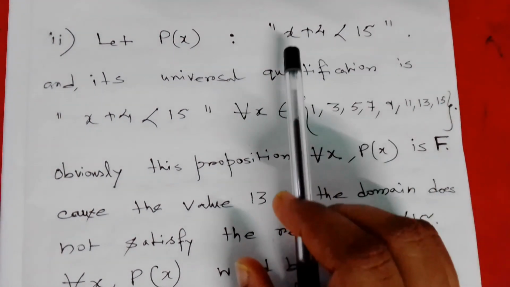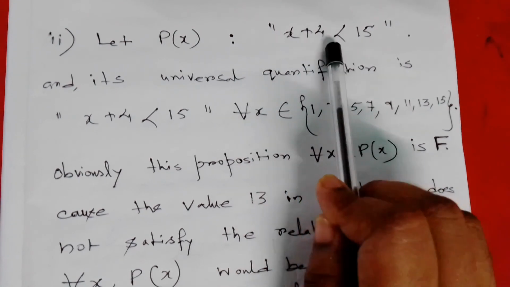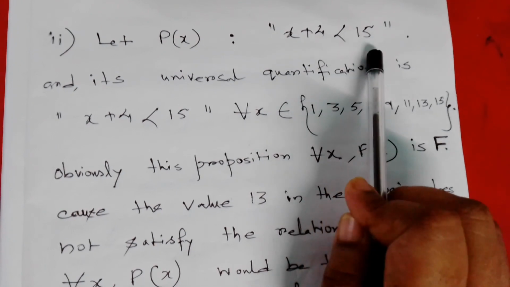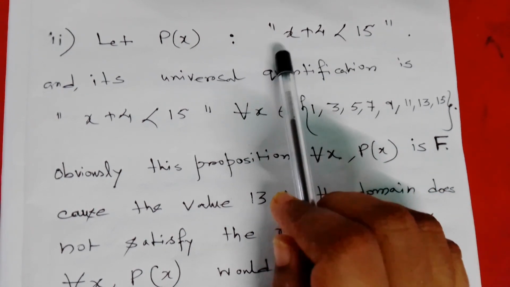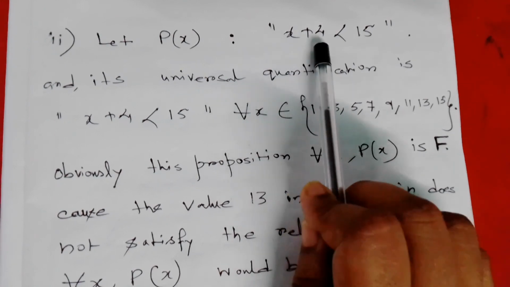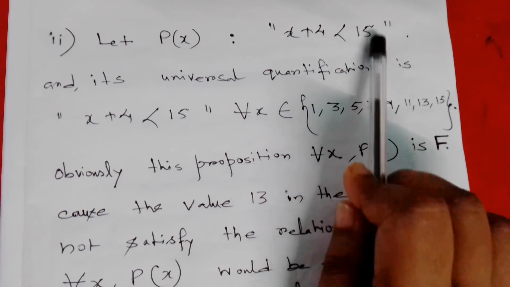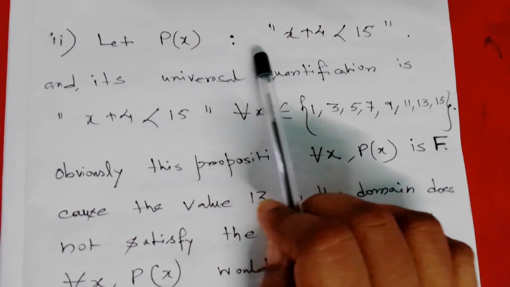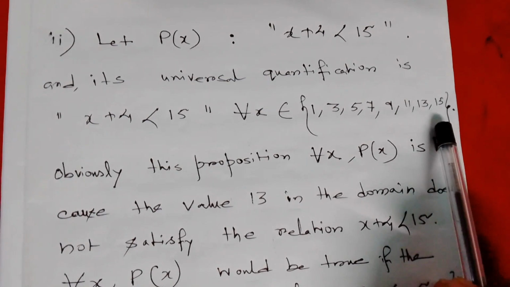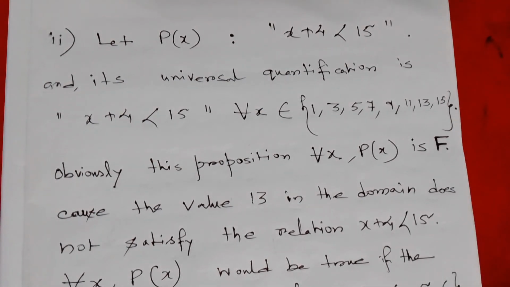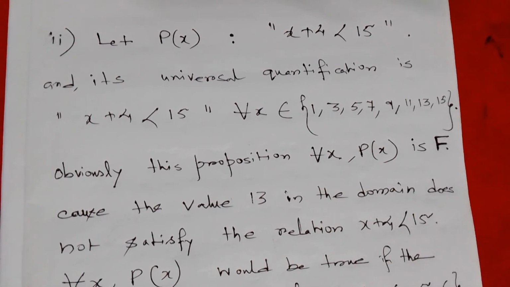Also when the value of x is 13, 13 plus 4 is 17, which is not less than 15. And when the value of x is 15, 15 plus 4 is 19, which is not less than 15. So the universal quantification is not true for these three values of x, so it is false.